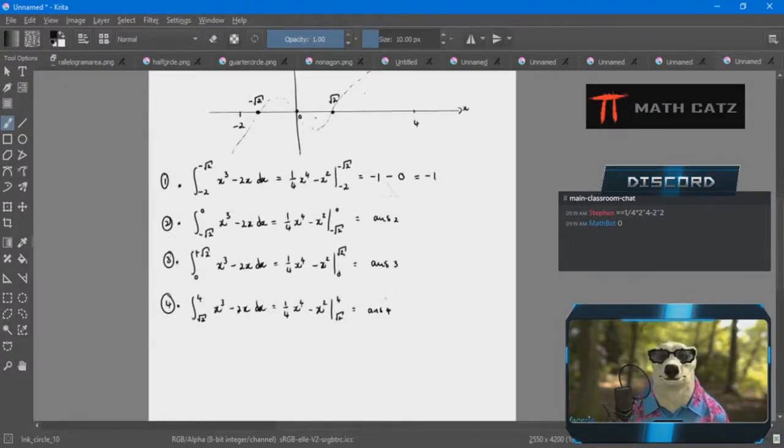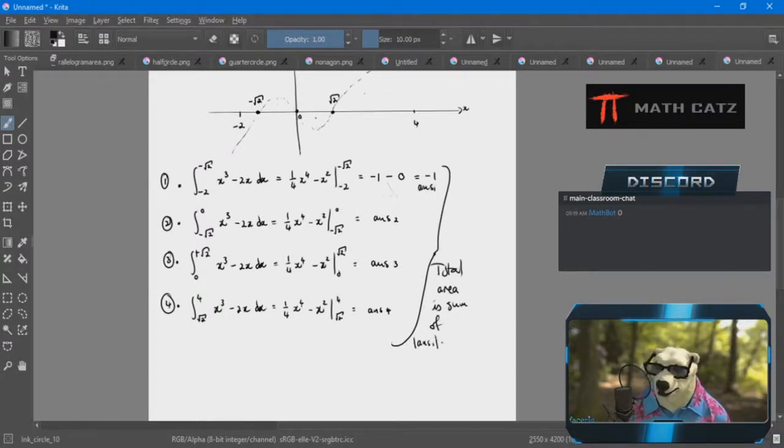Make them all positive, and the total area is the sum of, let's call this guy answer 1, making it positive, so absolute value of answer 1, absolute value of answer 2, absolute value of answer 3, make them all positive. It's just a little tedious to do, but there's no deep insight involved.